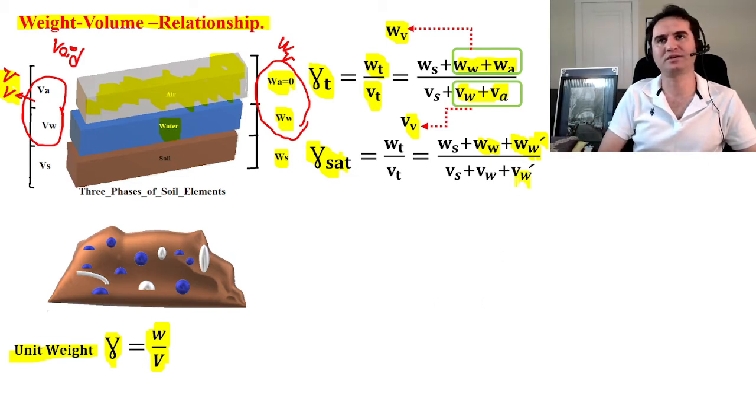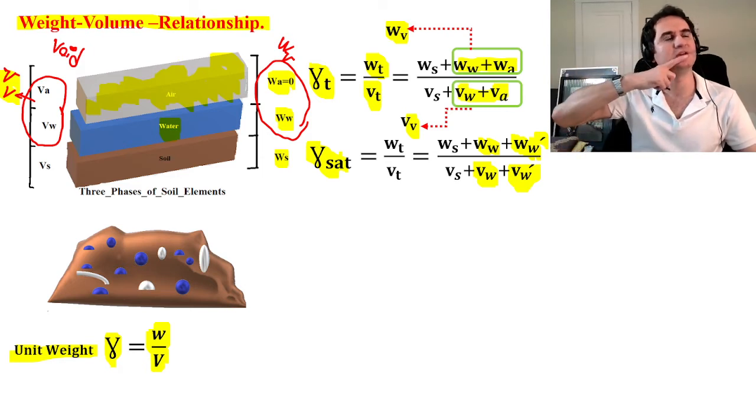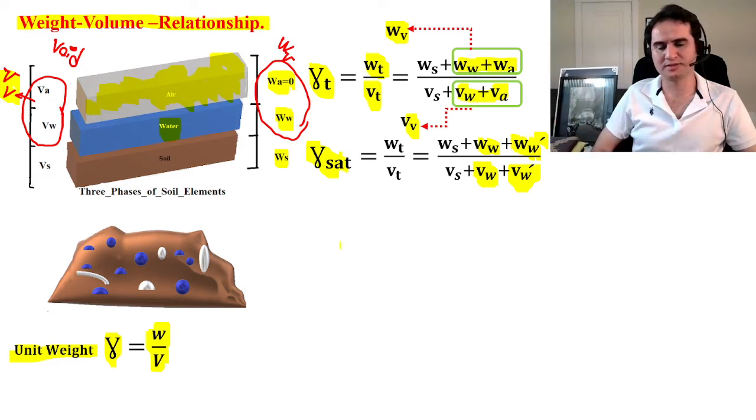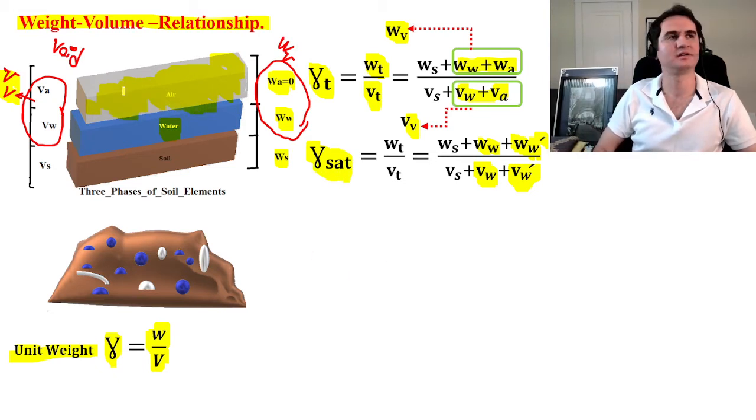Likewise you can call that VW prime. That's VW prime, not V prime W, because we already have a VW. This is another water which enters the space that is supposed to be for air, but in the saturated scenario, water fills everywhere. All the void is filled up with water.